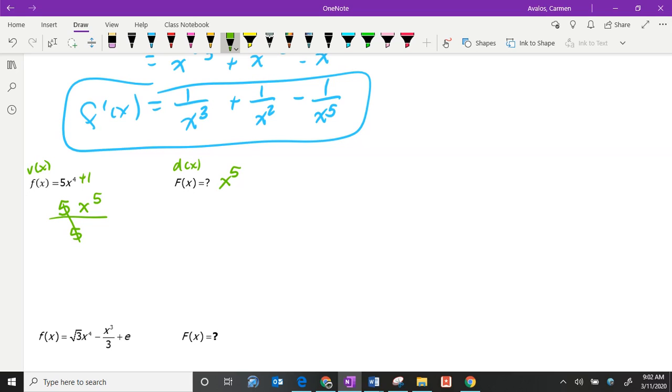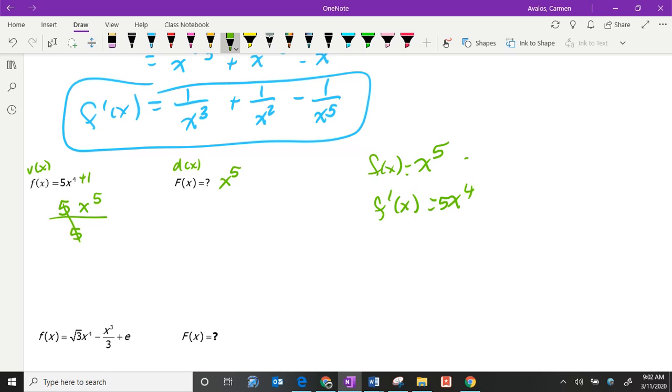Now, here is the problem, though. If I were to take the derivative of x to the 5th, it would be x to the 5th to the 4th, which is what it says there.